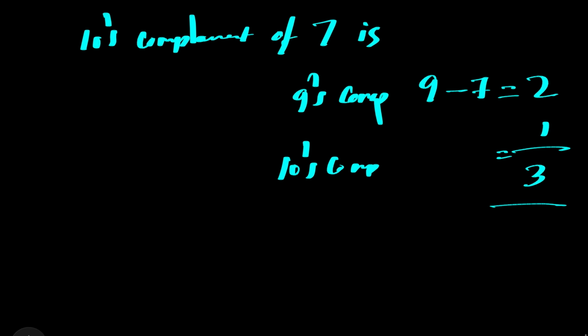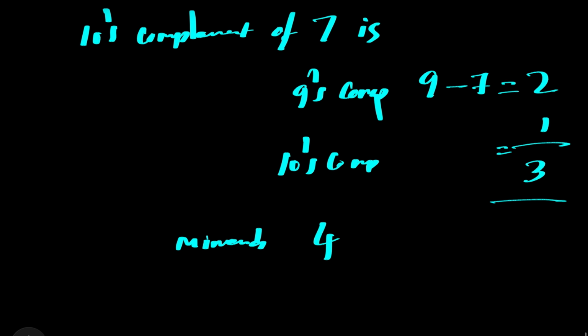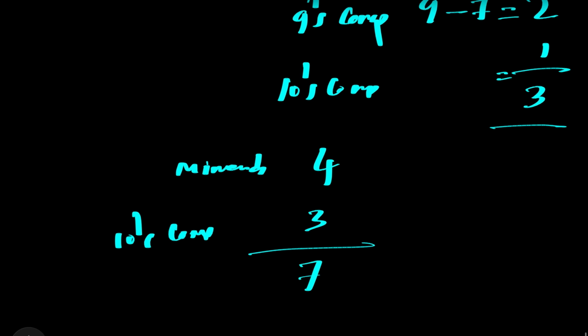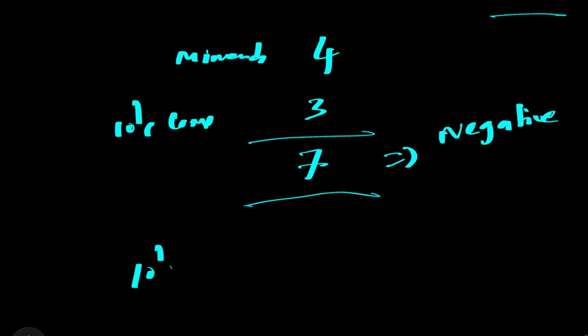Right. Now the minuend is 4 and the 10's complement is 3. Right. We got the 7, and again we haven't got any carry over here, which actually implies it's a negative number. Now what we have to do is take the 10's complement for 7.